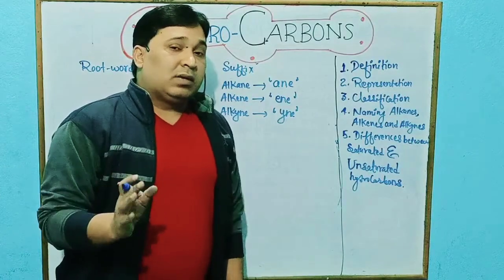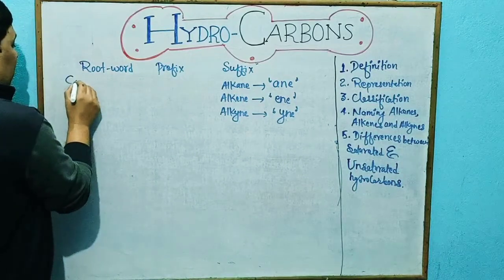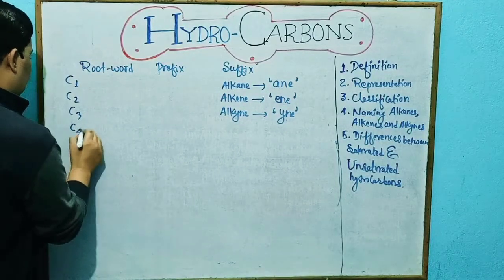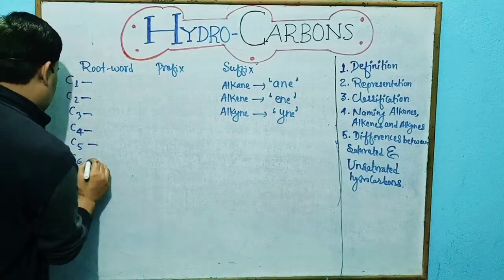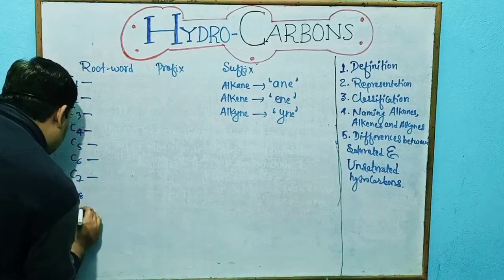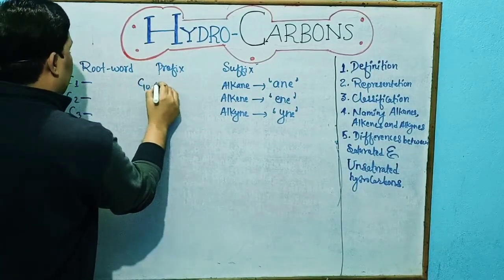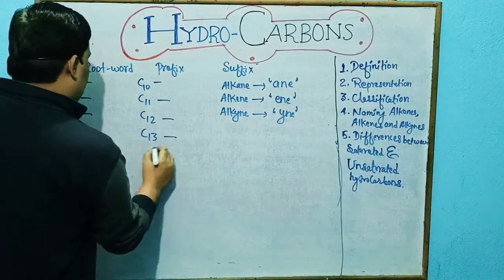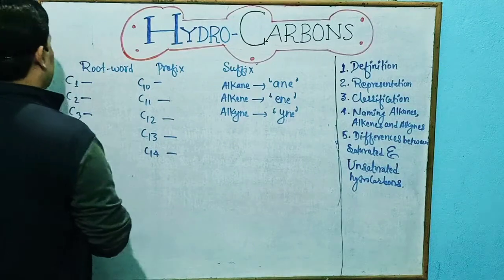Now, you must learn the root words. For carbon number 1, 2, 3, 4, 5, 6, 7, 8, 9, 10, 11, 12, 13, 14, we use root words as follows.